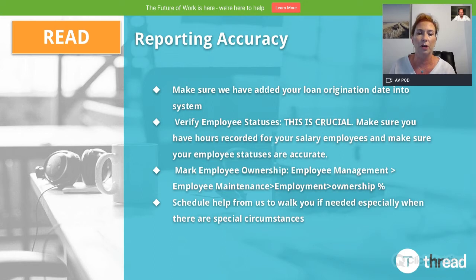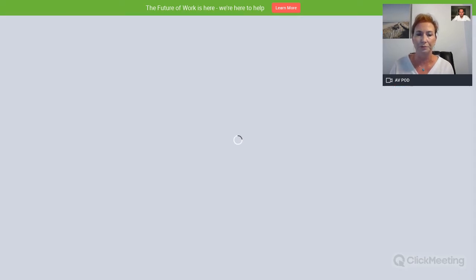So make sure you mark those owners, and also figure out the cap of their compensation. You don't want to do it manually. Make sure we get this put in the system, and always schedule time for us to help you walk through it. You're not on your own here.